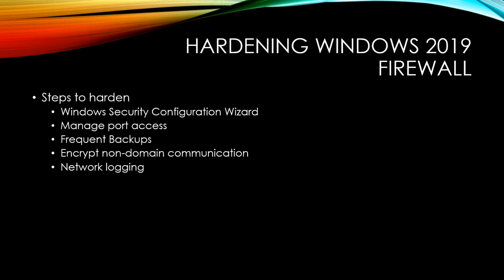And like we talked about before, it's always a good idea to back up your system frequently. That way, if your system is exposed or something's damaged or corrupted, you can restore your system to operating ability quickly and easily without losing too much time or data. Another tip that I would include for Windows Firewall is encrypting all non-domain communication.